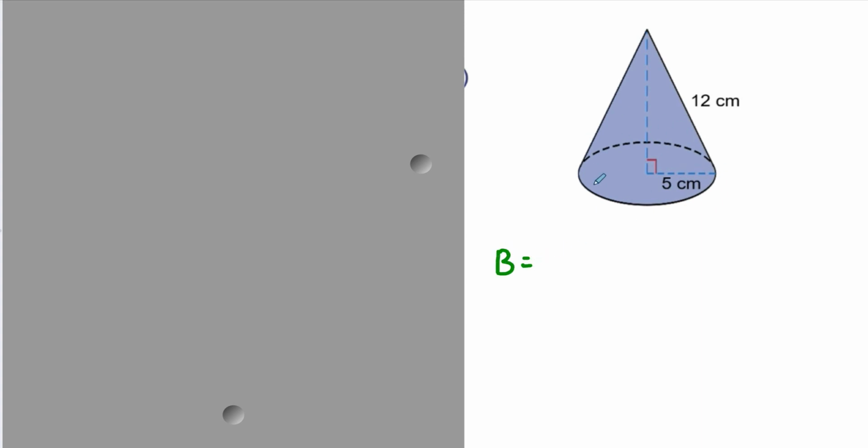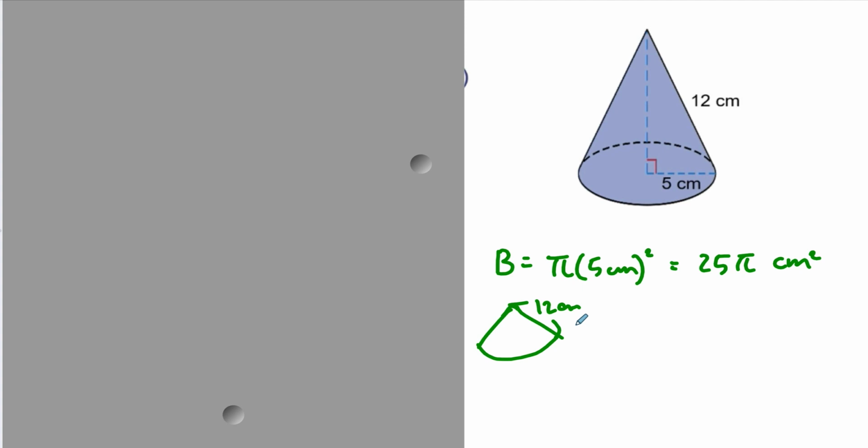So the base is a circle, pi r squared, with r being 5 centimeters, which is 25 pi square centimeters. Now we have the lateral surface here, which looks like a sector with 12 centimeters as the big radius. And we know that around this is 2 pi r, which is 2 times 5 times pi, 10 pi, right? 10 pi as the arc length.